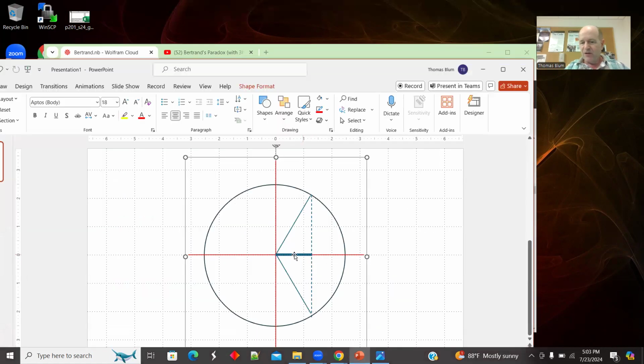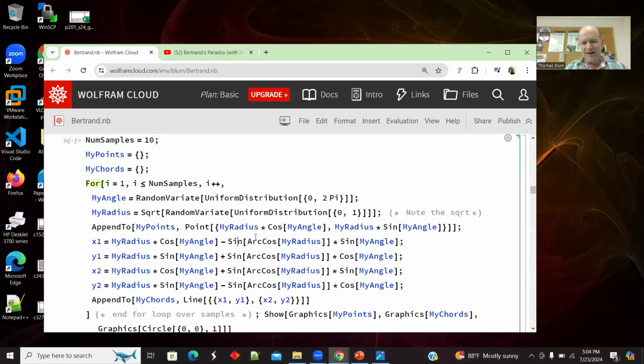If this was R, the x position of this point was r, and it's a unit circle, so the radius was 1, but then the y is the sine of the arc cosine of r. So that is my original y, and this was my original x.